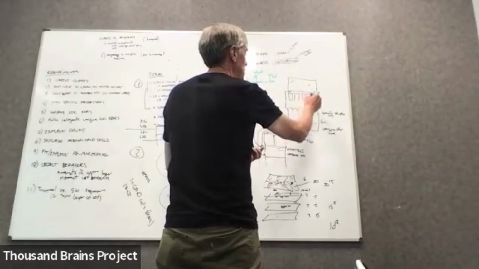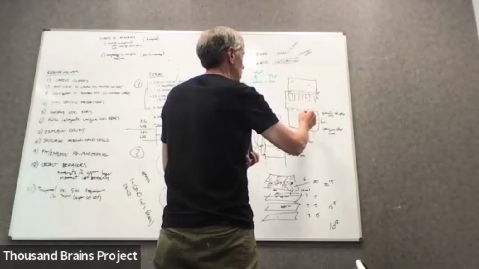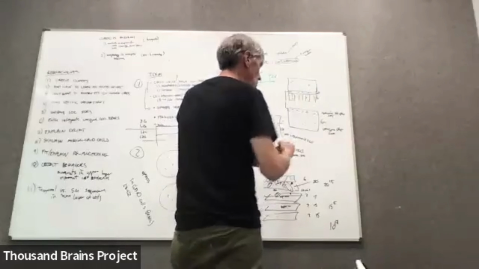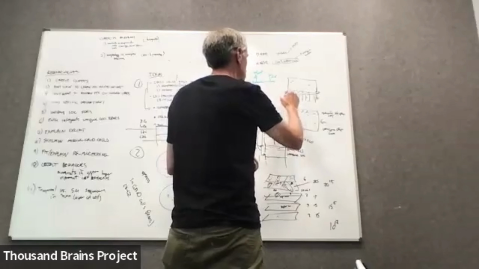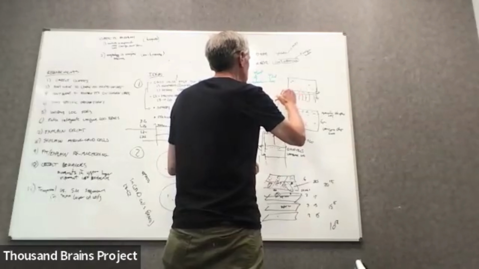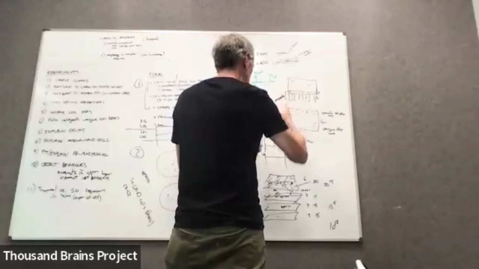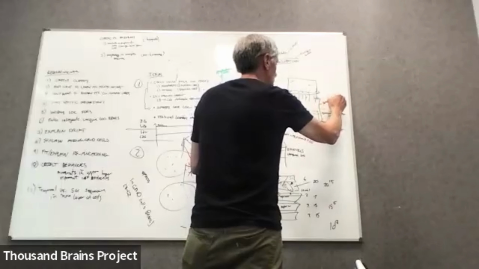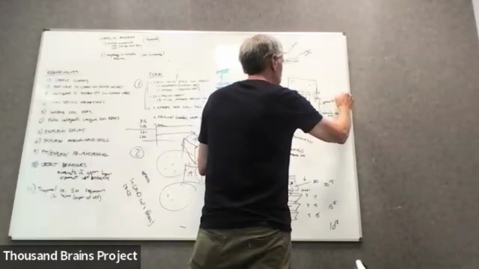And then between this set of cells and this set of cells, you would be learning, so this bipolar connection, this connection here is basically learning morphology. And this set of connections here are specific objects and features.